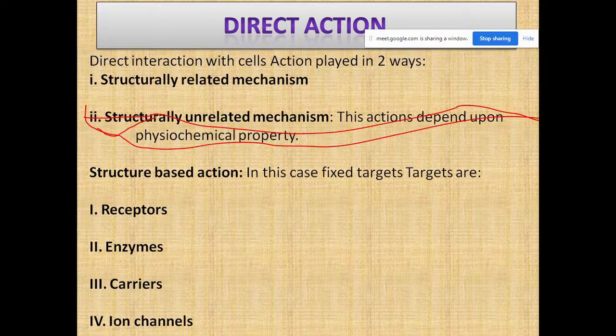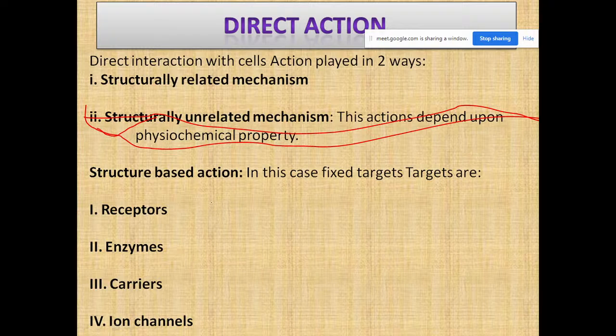Of structurally related mechanism or structure-based actions, in those cases the drug interacts with some component of the body which are fixed or which are known as target of the drug, and with the help of this target of the drug, or by combination with this drug target, it will initiate changes or alterations in the existing physiological and biochemical process.